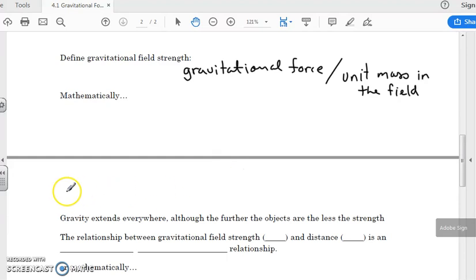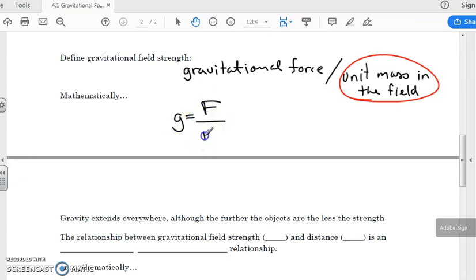So this would be per unit mass of the test object, not the celestial body causing the field. So mathematically, that would look something like this. Okay, where this mass here is in fact a test mass.